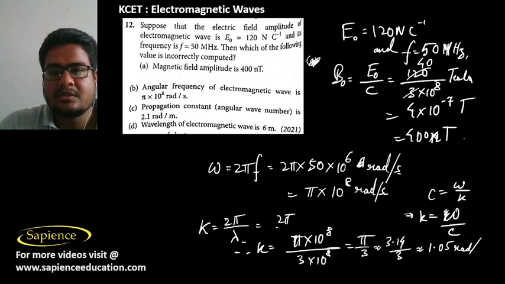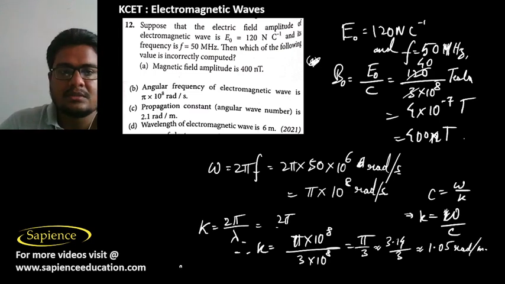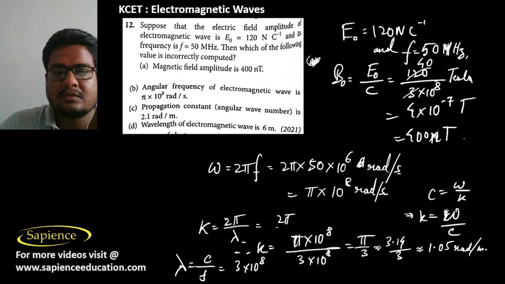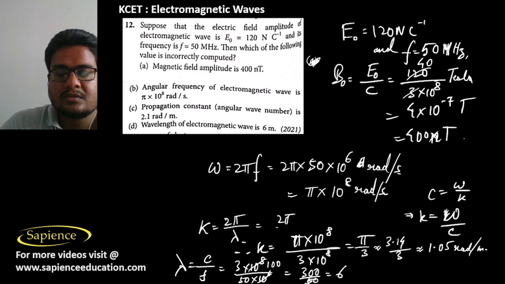And option D is the wavelength of the electromagnetic wave, lambda, that is equal to C by f. So that will be 3 into 10 power 8 divided by 50 into 10 power 6, that is 300 by 50, equal to 6 meter.